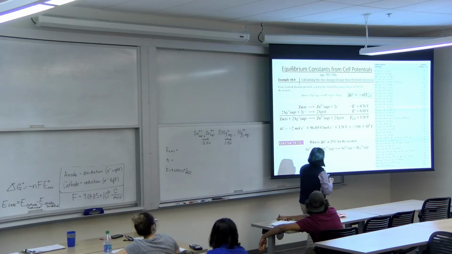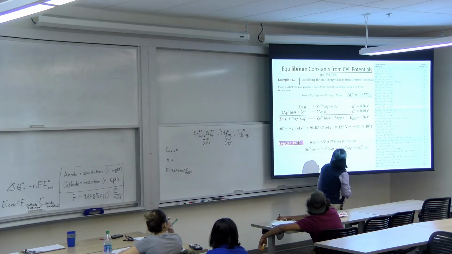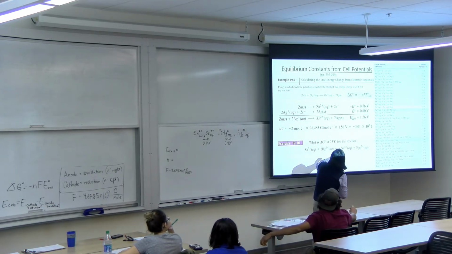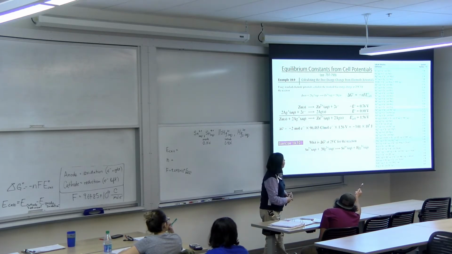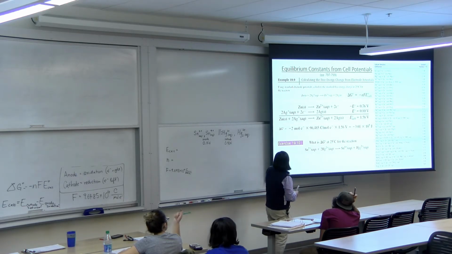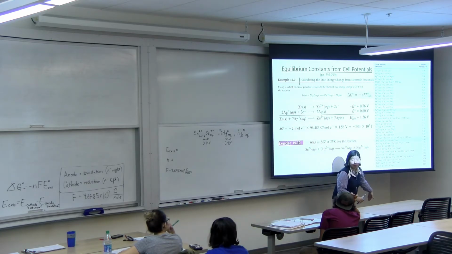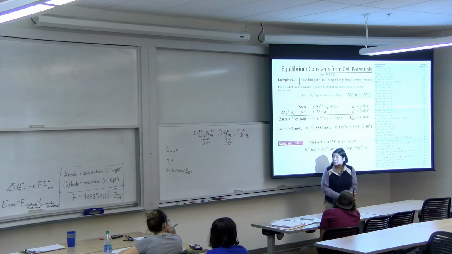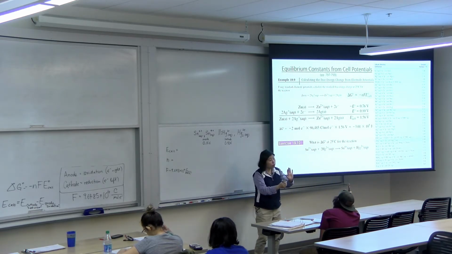I wrote the wrong one. This is 2 plus to 2 plus. Yes, it is the same thing. 2 plus to 4 plus, 4 plus to 2 plus. Remember I said, this is all reductions, and this is an oxidation. You're just trying to find the oxidation, but the oxidation obviously will be flipped.